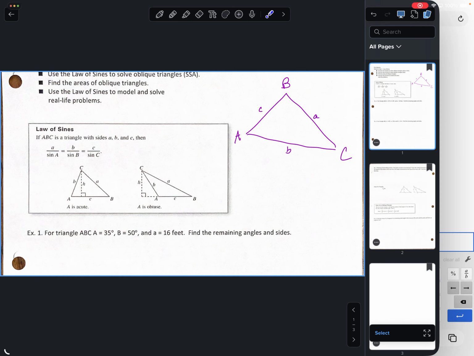All right, so anyways, we set up these ratios. Make sure, since we are given the angles in degrees, that your calculator is set to degrees.